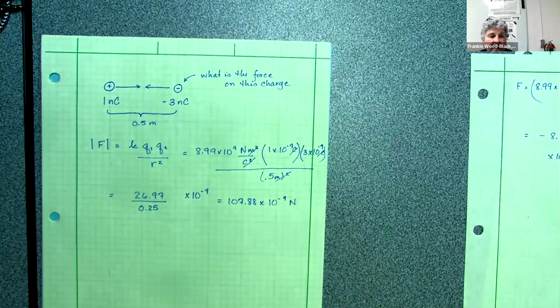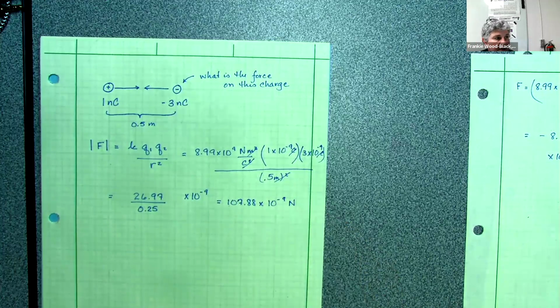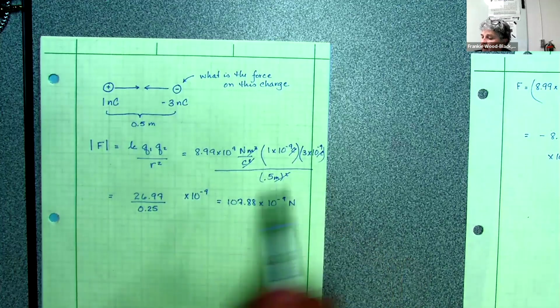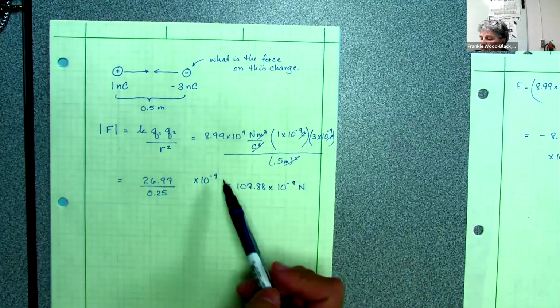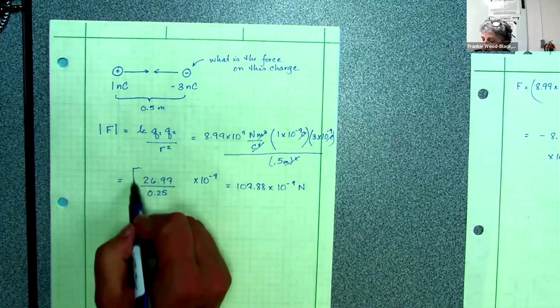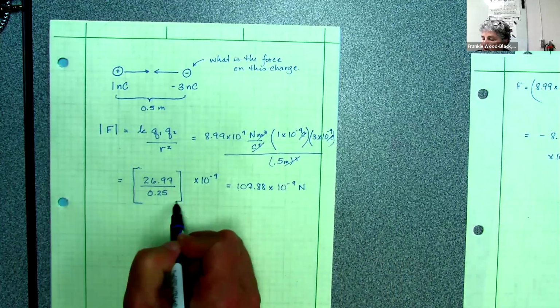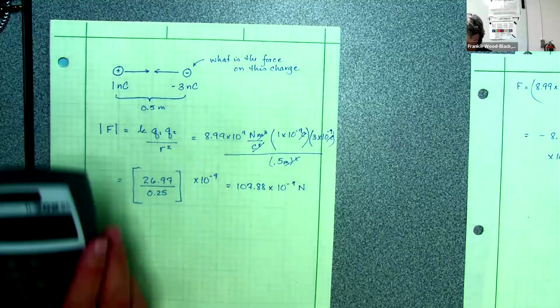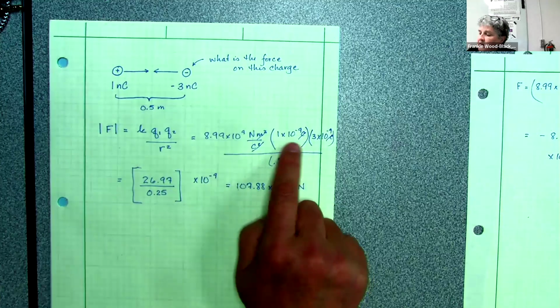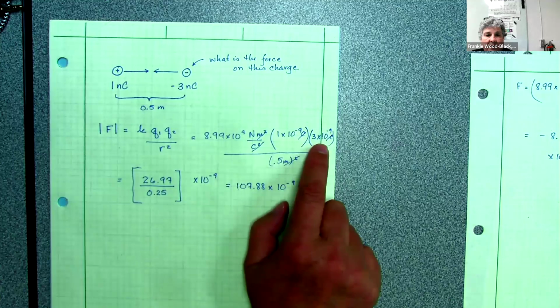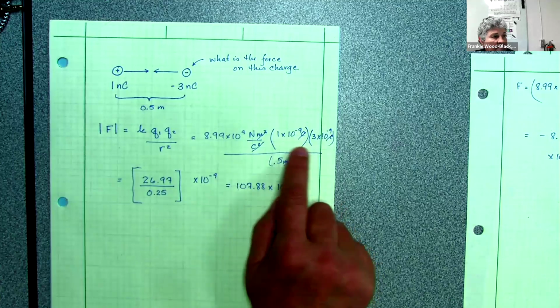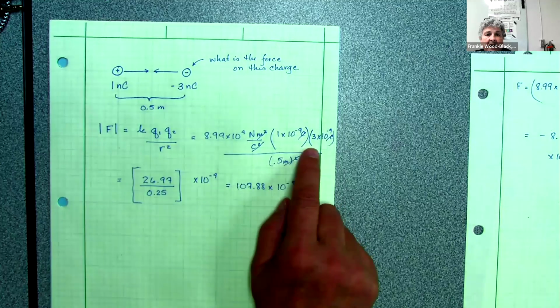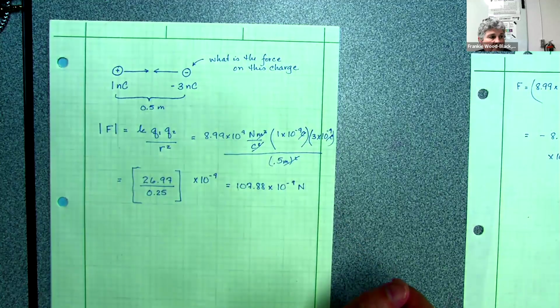And I can clean that up and put that in my calculator a different way. But I wanted you to see it done this way because this is a whole heck of a lot easier than dealing with my calculator and potentially getting it messed up. Because a lot of times when we deal with these times 10 to the minus 9, depending on how your calculator puts it in, the order of operations in your calculator may mess that up.